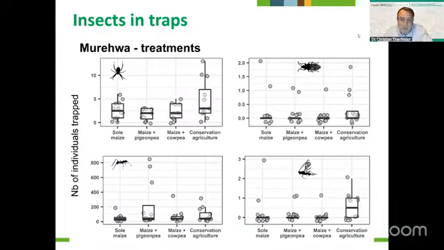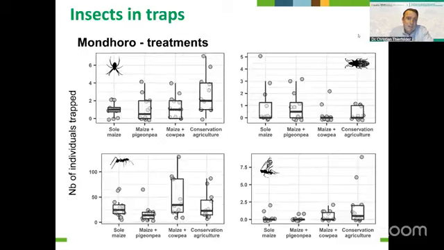We also had traps in the field to really find the enemies or the positive insects that help us control fall armyworm. And it was interesting. Spiders, parasitoids, ants were measured in those two districts, and there were differences as well. In some districts, for example, ants were much more pronounced than in other districts.